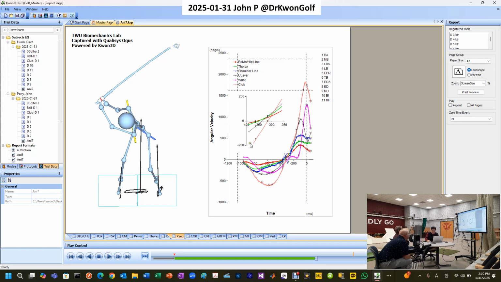Then at least the pelvis, the thorax, and the shoulder will reach peak around the middle of the backswing. Then the arms will reach peak a bit later. The club will reach peak value a bit later.